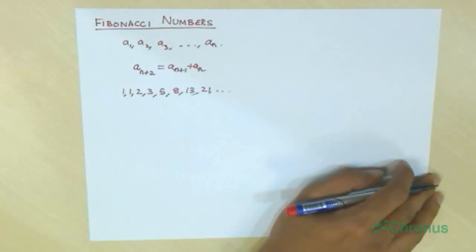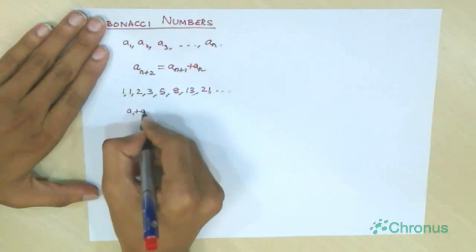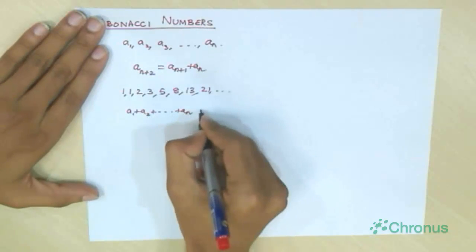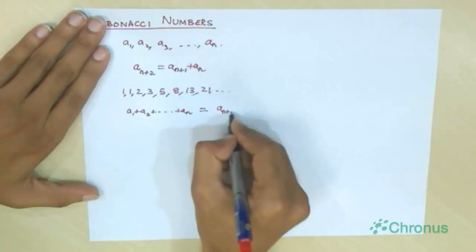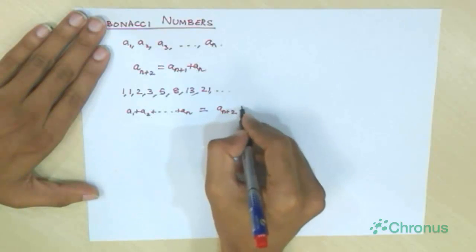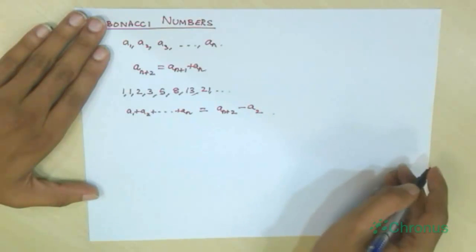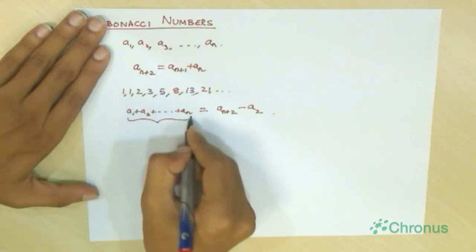And some interesting points to note about the Fibonacci sequence: the sum of n terms of a Fibonacci sequence is equal to the n plus 2th term of the sequence minus the second term of the sequence. And I would like to introduce or recollect a notation for summation.